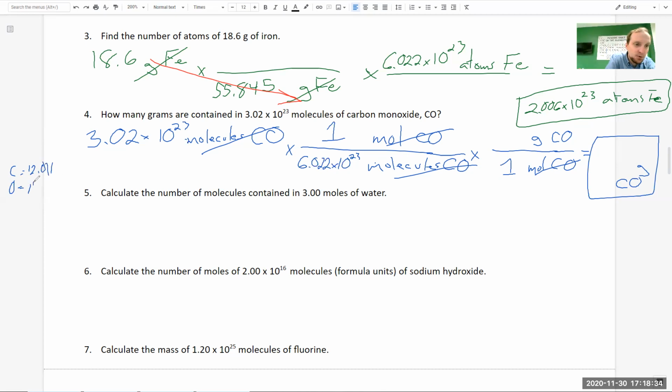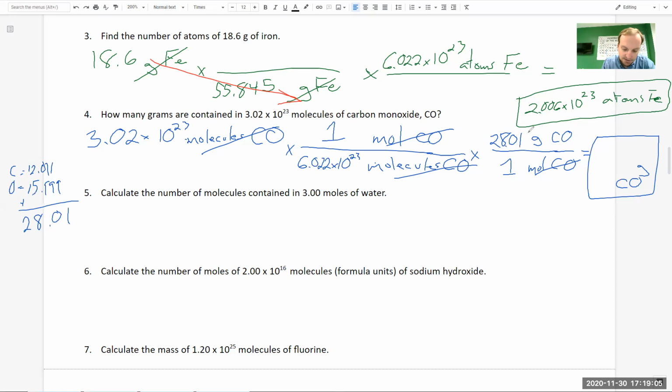Oxygen is 15.999. If I add those together, because there's only one of each, 12.011 plus 15.999, the molar mass of carbon monoxide is 28.01. So I'm going to put 28.01 right there because 28.01 grams of carbon monoxide is automatically and always equal to 1 mole.